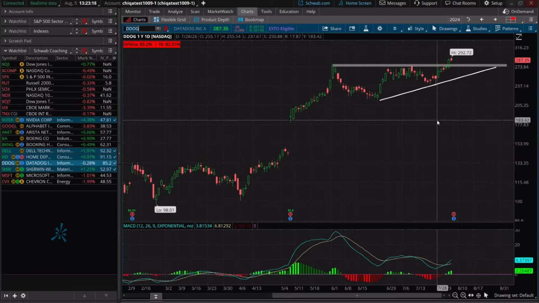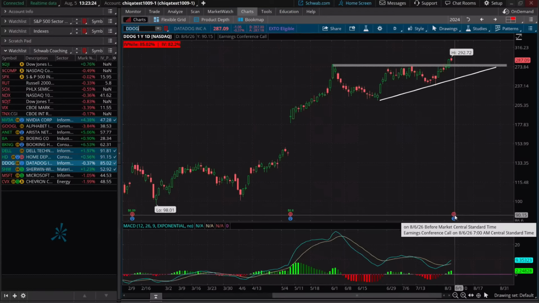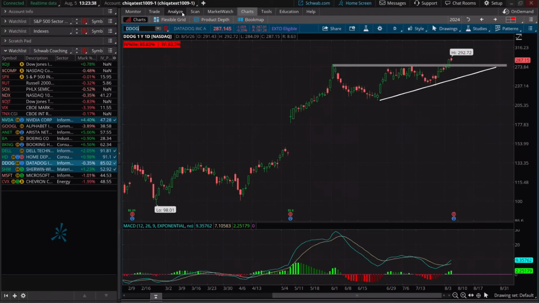So we could sell a spread maybe right at this level of support, but I think most traders would say, hey, implied volatility is pretty high, and we have earnings coming up within the next day or so, so maybe we want to steer clear of this one. Let's look at a couple others that were on that list.